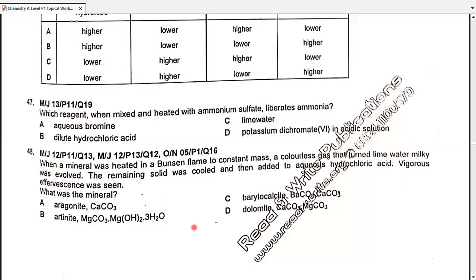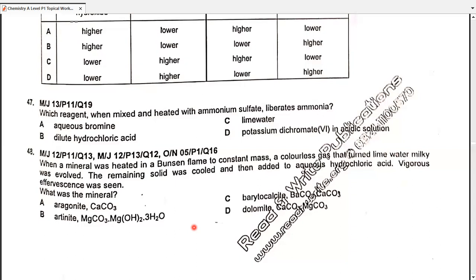It's not an acid, it's not an oxidizing agent either. Yeah, IGCSE question, it's just a repetition. C. C, right. Any ammonium salt, when it reacts with an alkali, liberates ammonia gas. It was IGCSE chapter 5.